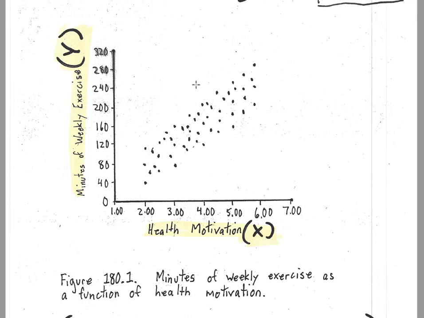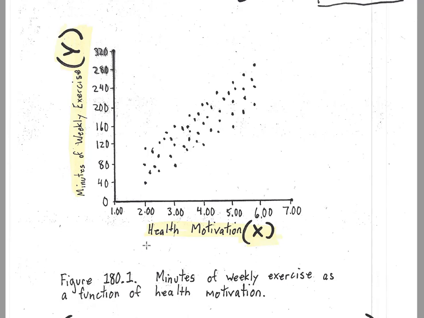We draw a straight line over. We see where it intersects with the Y-axis, at about 250. So if somebody had a score of 6.0 on health motivation, I would predict they probably have a score of about 250 minutes on the Y variable, minutes of weekly exercise.